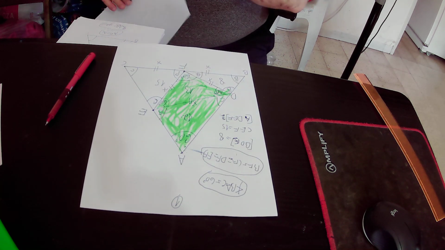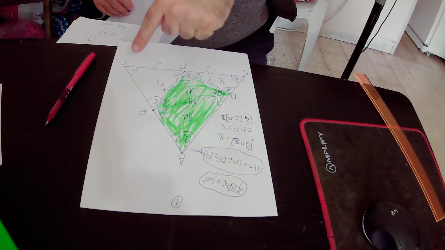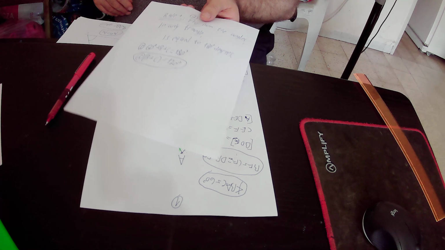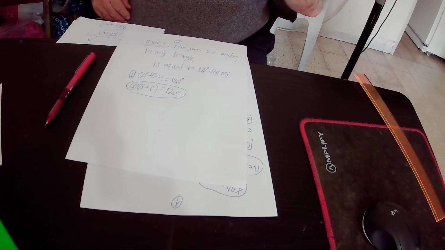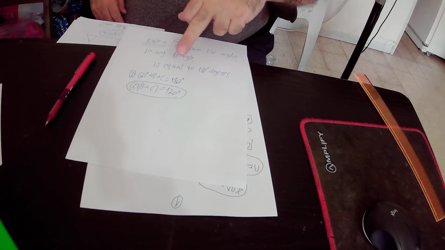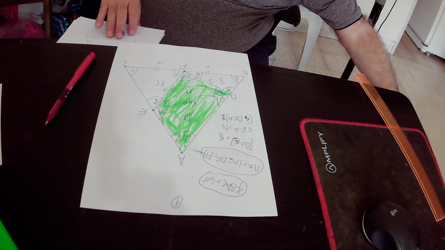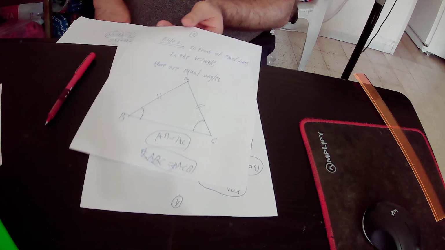So we defined angle ABC as B and angle ACB as C. According to rule number 1, 60 degrees plus angle B plus angle C must be equal to 180 degrees. We subtracted 60 degrees from this equality, from equation number 1, and we found out that B plus C equals 120 degrees.